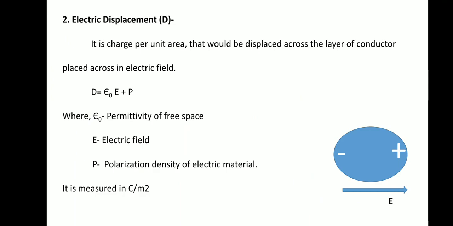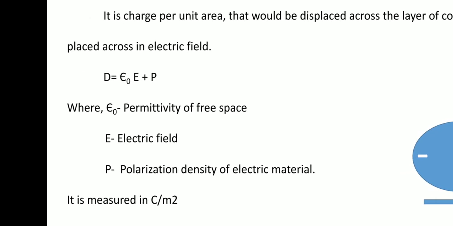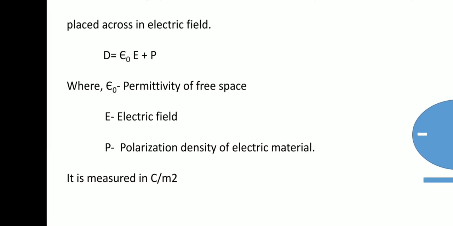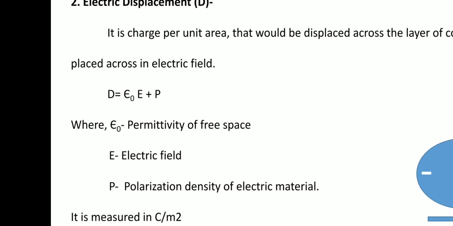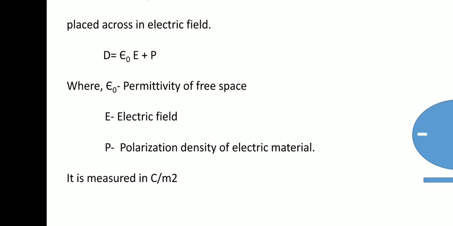So we can write electric displacement D is equal to epsilon 0 into E plus P, where epsilon 0 is the permittivity of free space, capital E represents the electric field, and P denotes the polarization density of the electric material. If electric displacement is charge per unit area, its unit is coulomb per meter square.